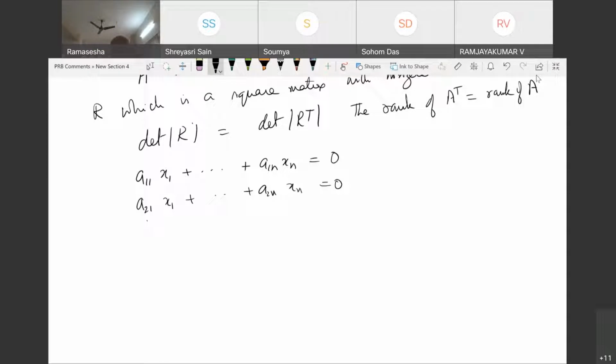Am1x1 plus ... plus Amnxn equal to 0. Now I assume that I have rearranged the order of the equations.